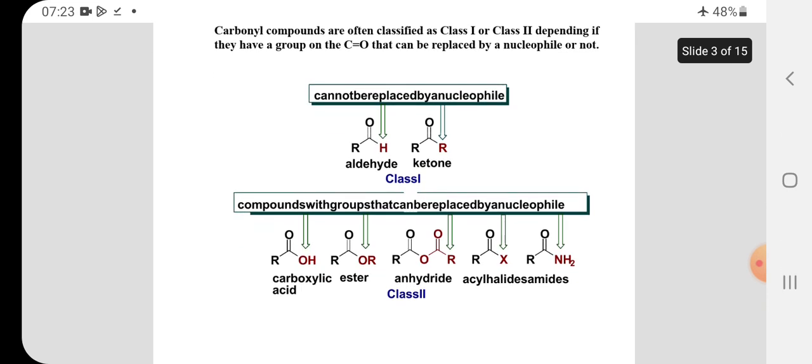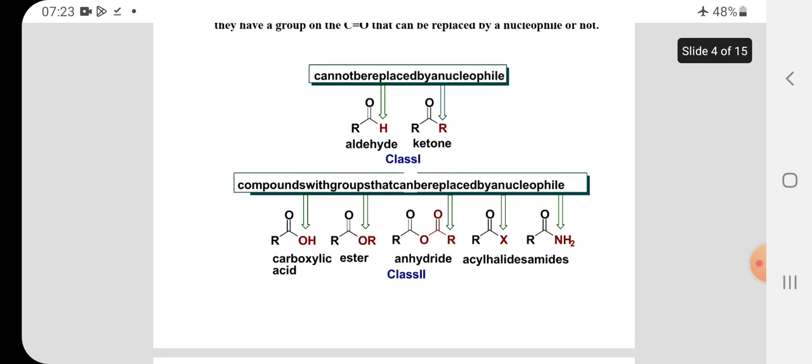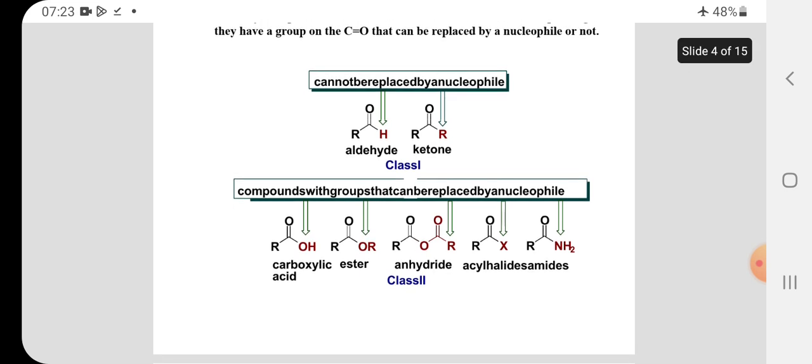The carbonyl compounds are classified into two types: class 1 and class 2. The class 1 compounds cannot undergo replacement by a nucleophile, because the carbonyl group bears a hydrogen and an alkyl group. Both show a negative inductive effect.